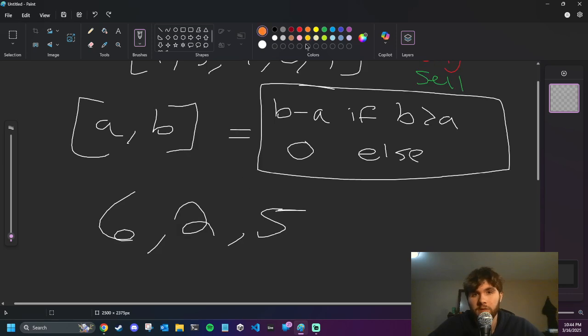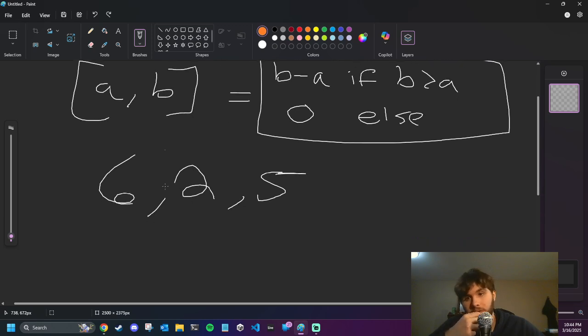Okay, so here, what are the subproblems? If we break it up into chunks of 2, right? So the max here, because B is not greater than A, this profit is 0.